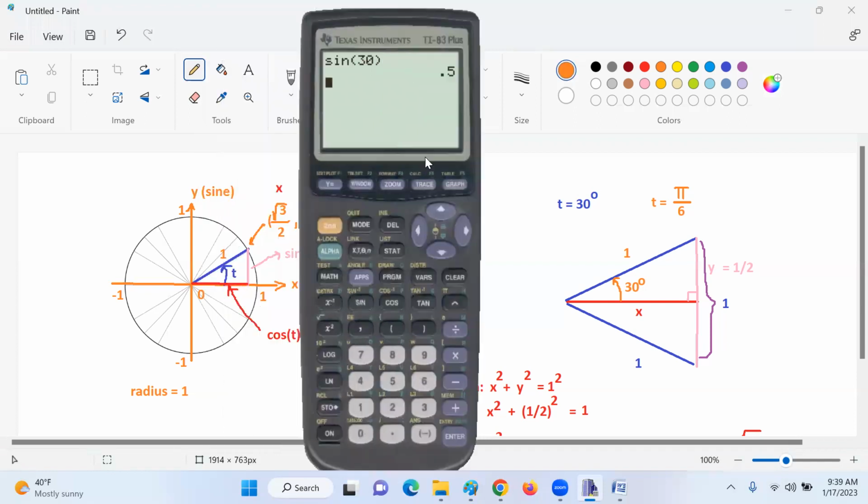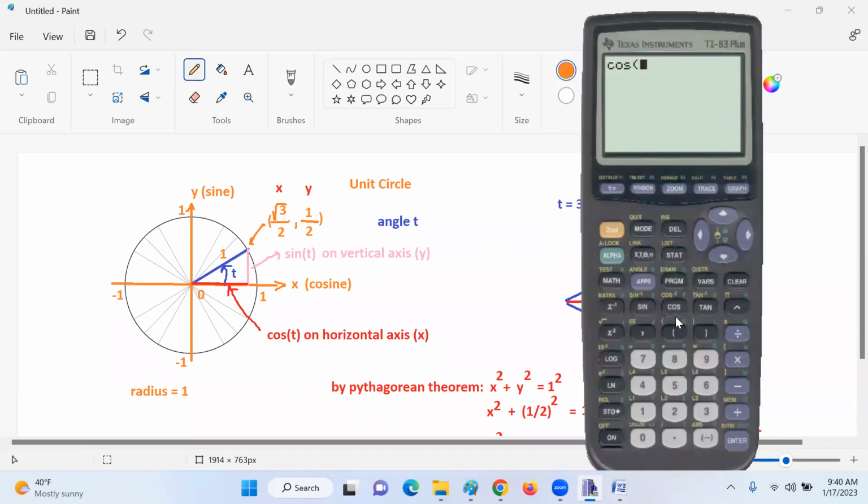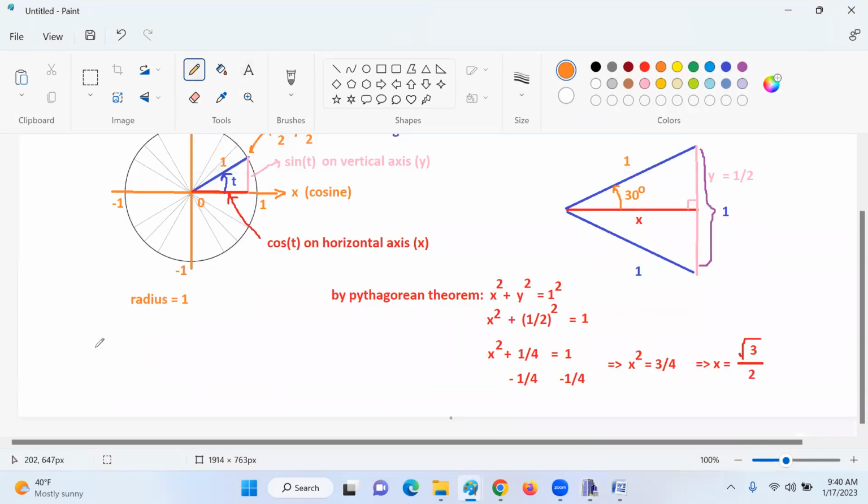Okay, so on the other hand, if we use the calculator to figure out the cosine of 30 degrees, that's going to give you 0.866. And then if you ask me, what is 0.866? The radical 3 over 2 will be exactly 0.866 on the calculator.